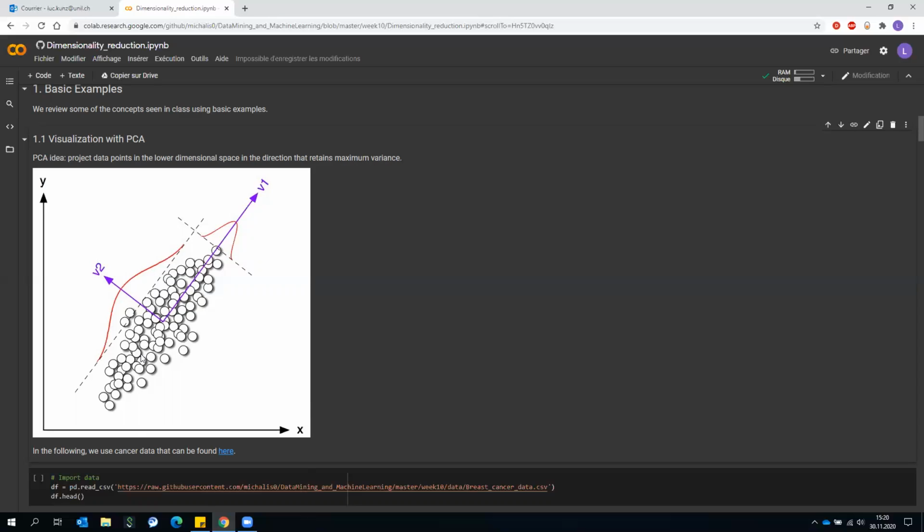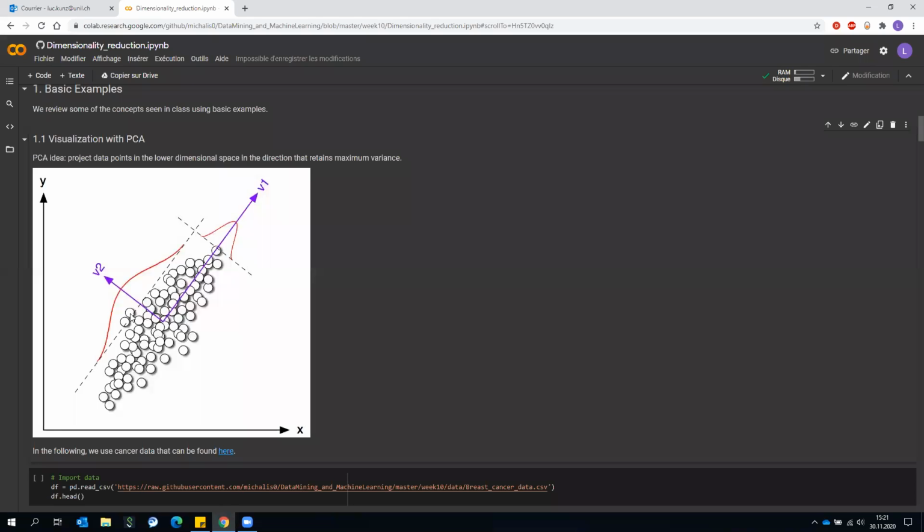If we do the projection of all points on a line that would go through this, we will keep a maximum of information, because close points will remain close, and points that are further away from each other will then also be further away.